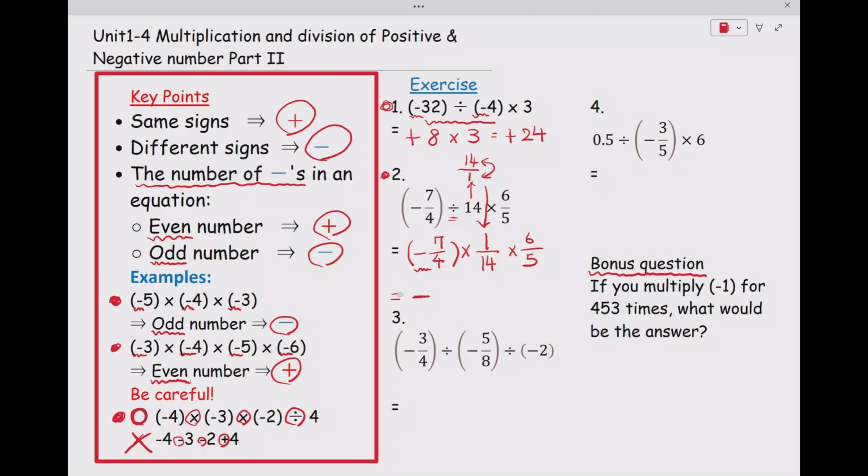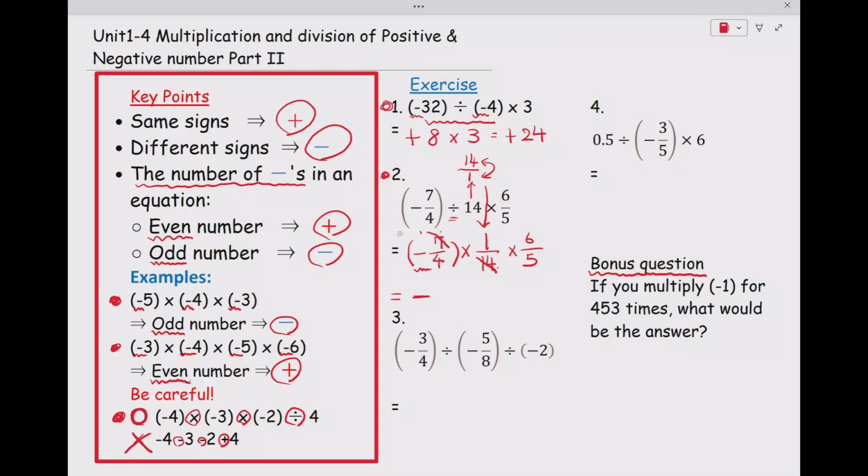So let's find anything divisible. For 7 quarters times 1/14, for example, 7 in the numerator of the first number, and 14 in the denominator of the latter number, are both divisible by 7. So let's divide them by 7.